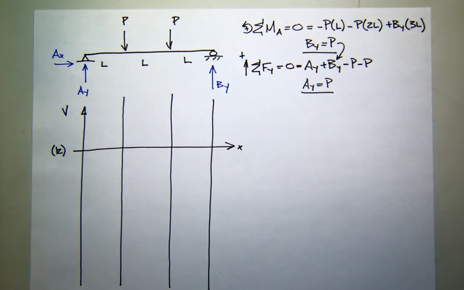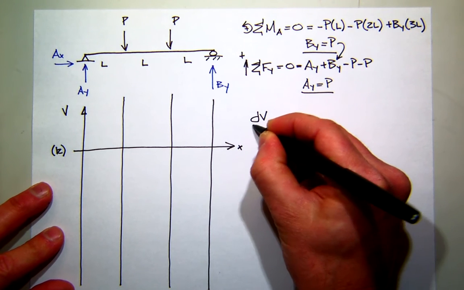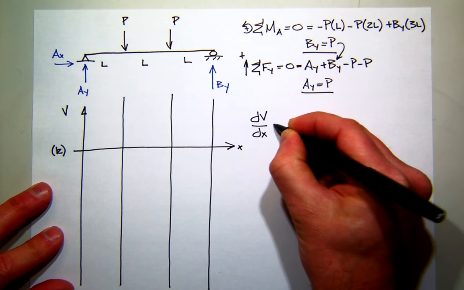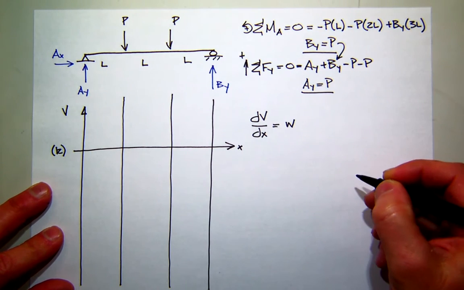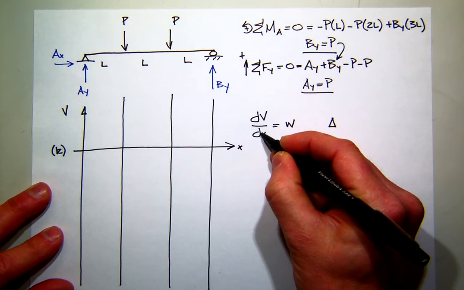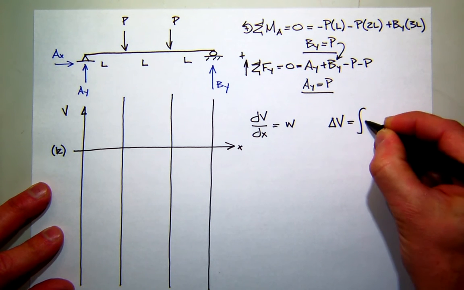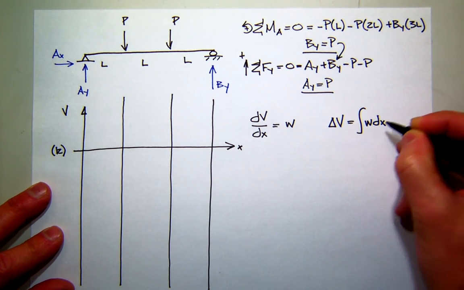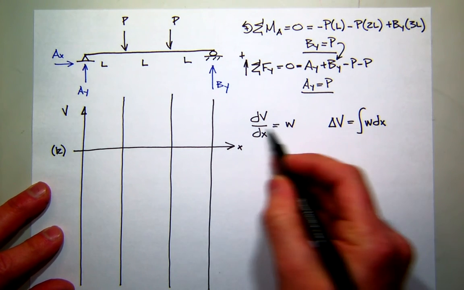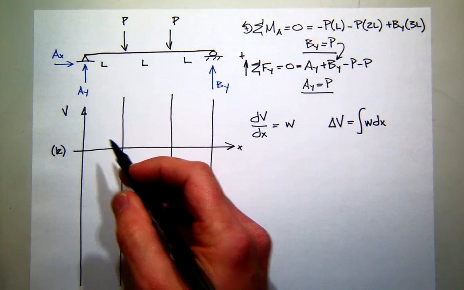Remember, all my derivative relationships that we just talked about are also built that way. So just so you don't forget, I'm going to come over here and say we know that the change in shear with respect to x is W, and that, the slope of the shear diagram is equal to W. The change in shear is the integral under the load curve. So these are my two related properties that are going to help me construct my shear diagram.